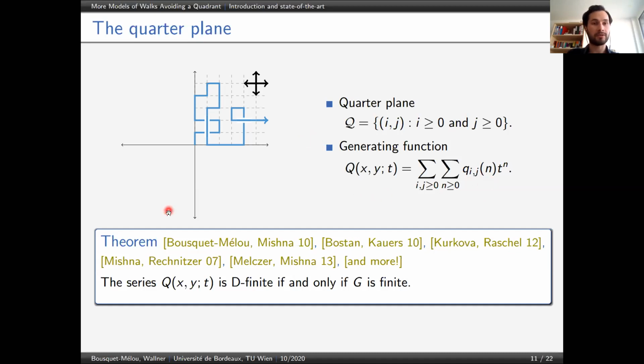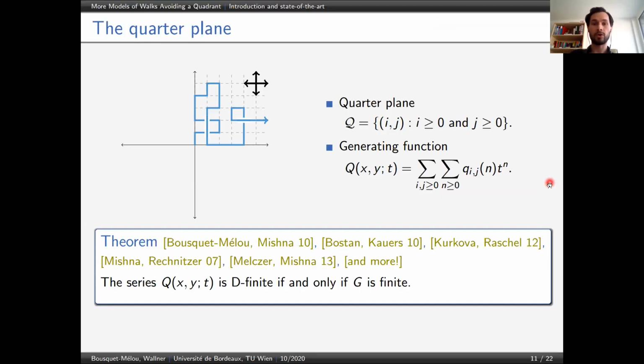The striking result here in this domain is the following, which was the joint effort of many, many contributors, where I just list a minimal set here. So it says that the series Q is definite if and only if this previously defined group is finite. So this basically connects an analytic result with an algebraic one.